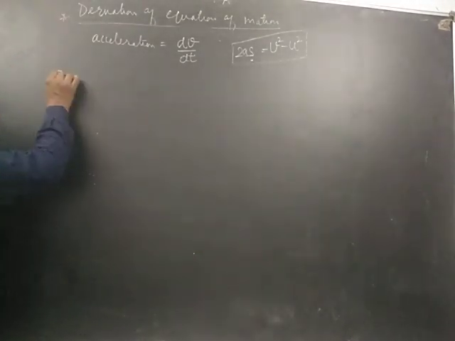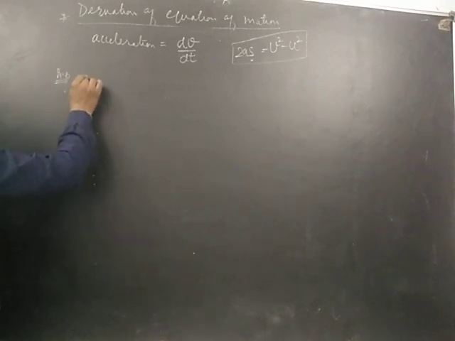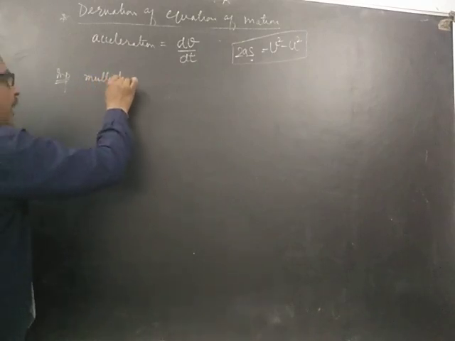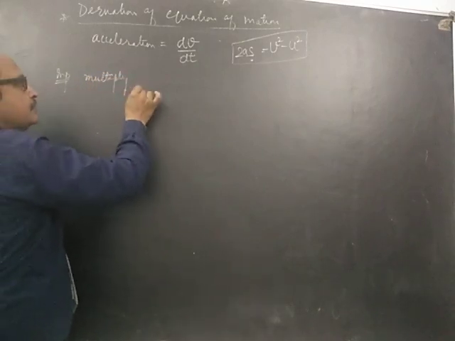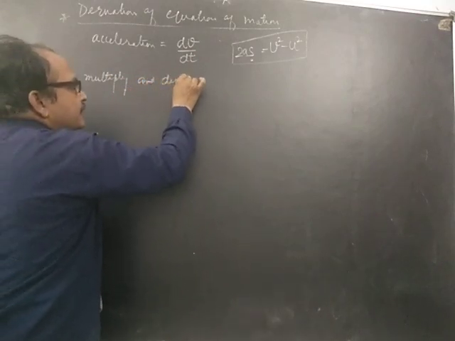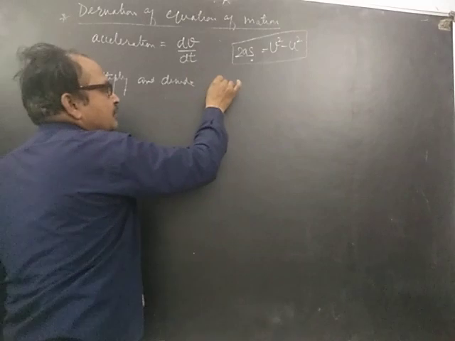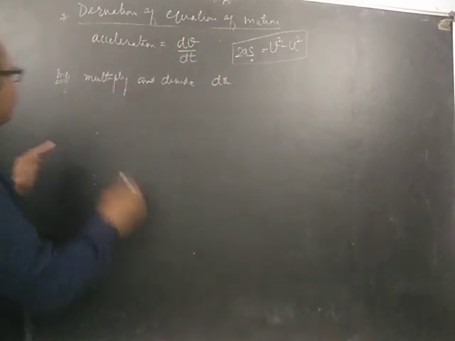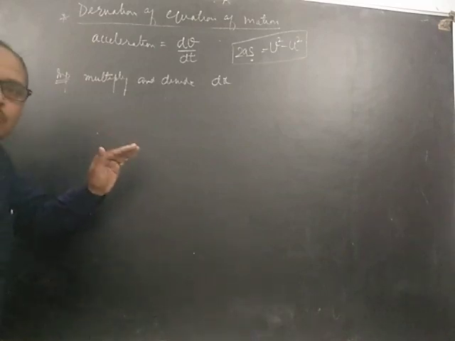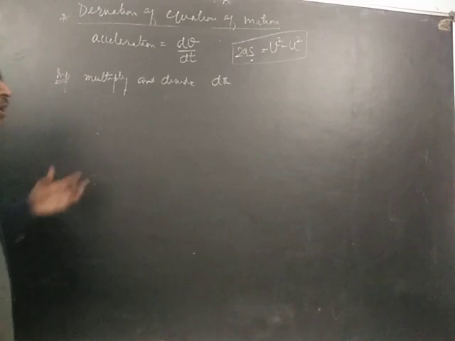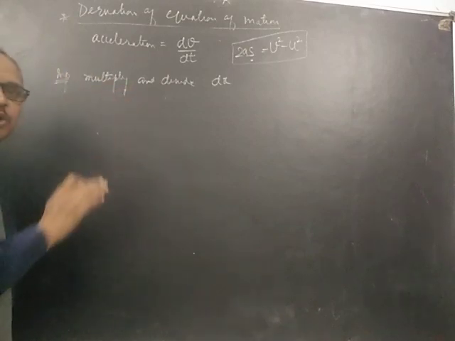So one very important step is there. What we will do? We will multiply and divide this equation by dx. This is what you have to just do from the calculation point of view.